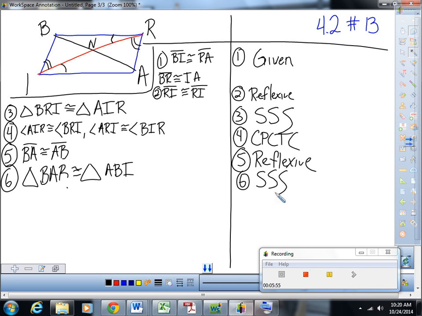BAR: I went from the obtuse angle down the black diagonal and up the short side. ABI: I went from the obtuse angle down the black diagonal and down the short side. Okay, that's good. So what I really need is that angle RAB is congruent to angle IBA.